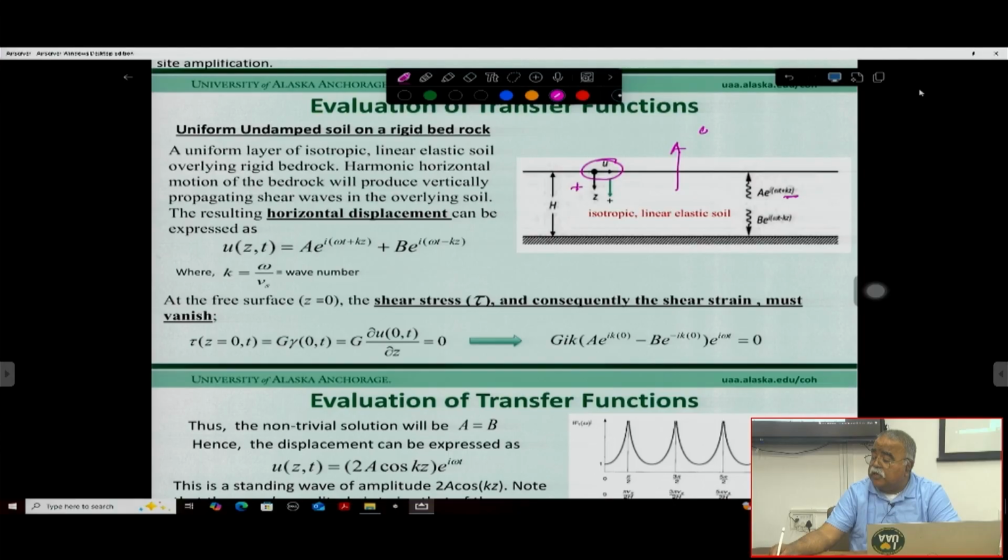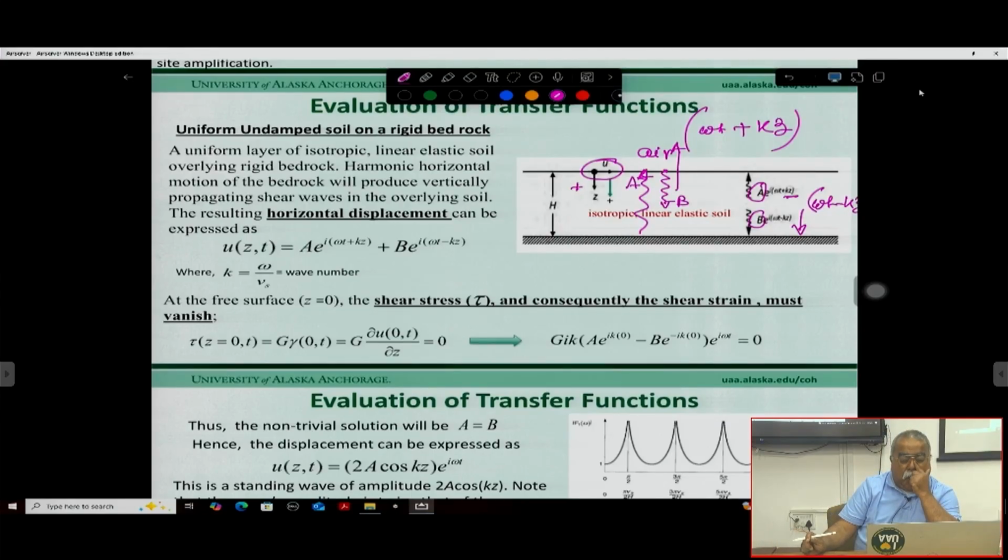This is omega t plus kz, z is this axis, and the downward one is omega t minus kz. So these are the two parts. The first part is going with amplitude A, and the second part is after returning back. The wave goes here and hits this, because this is air, so it will come back as B, right?